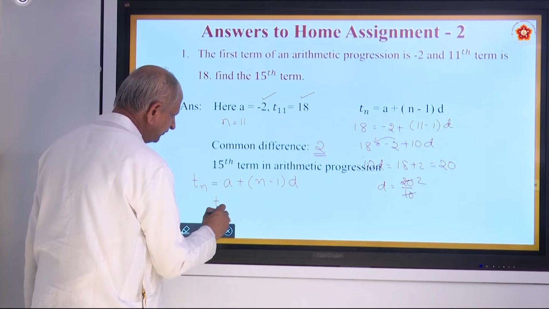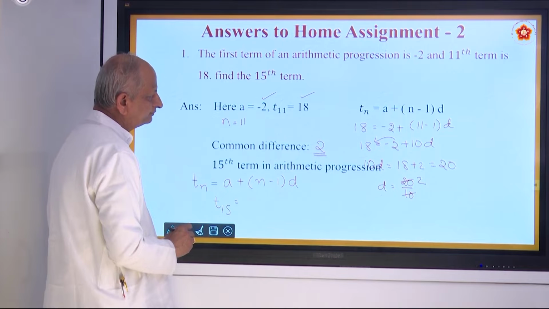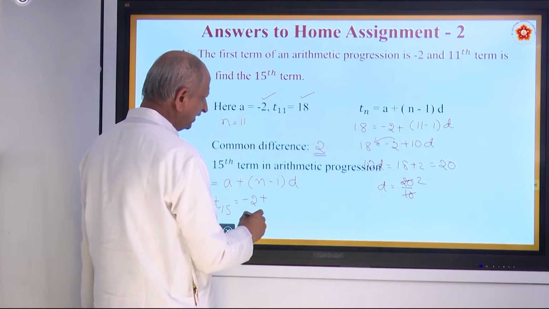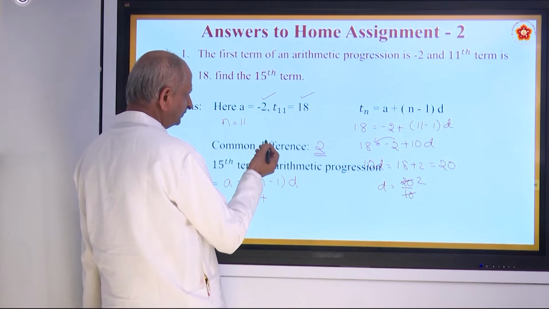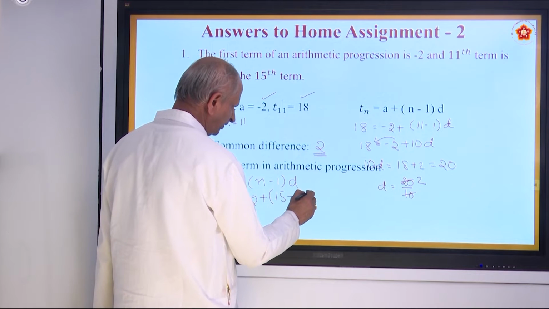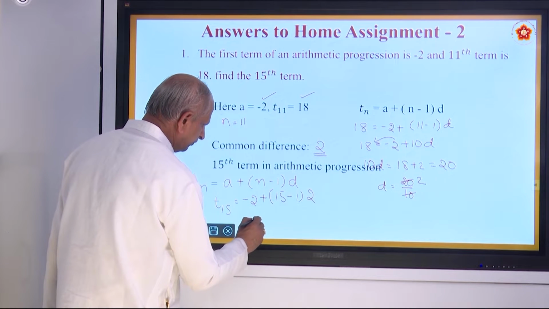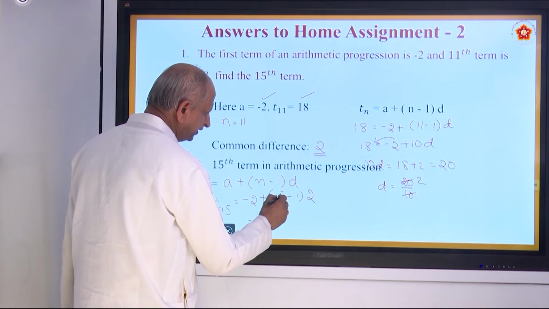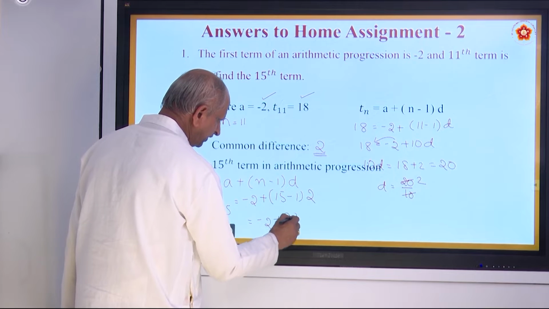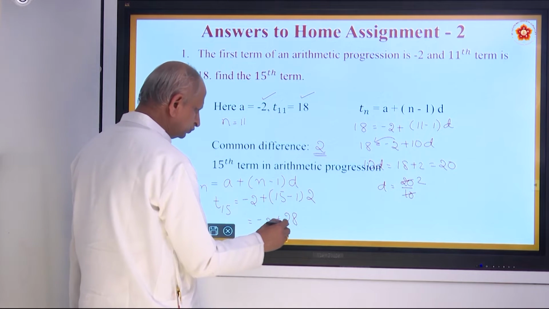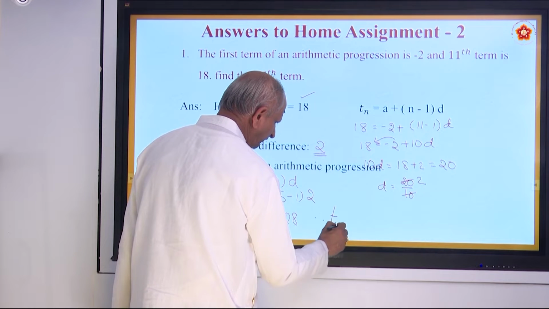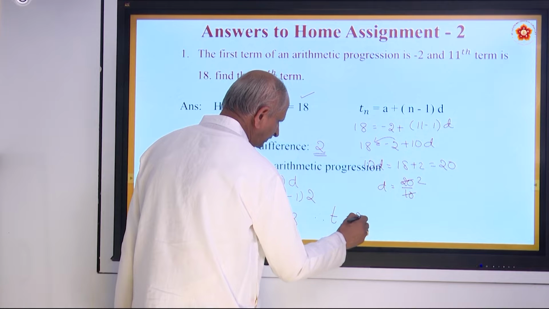Now we want the 15th. So what is a? A is minus 2, plus what is n? N is 15, minus 1, into d. D is how much? 2. So that is equal to minus 2 plus 15 minus 1, which is 14, into 2. 14 into 2 is 28. So 28 minus 2 is 26. Therefore T15 is equal to 26 is the answer.